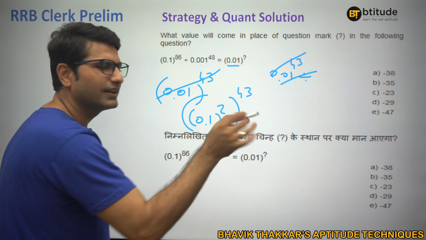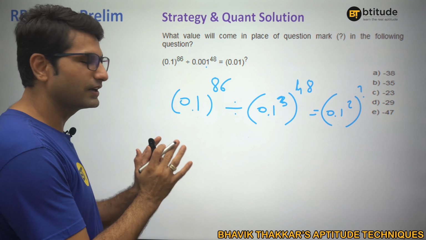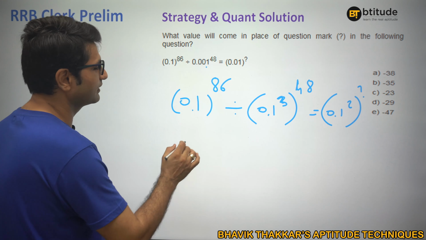I'll just do it in the next page. 0.1 raised to 86, divided by, because this is nothing but 0.1 square... no, actually it is cube, right? 3 cube raised to 48 is equal to 0.1 raised to something, right? So I converted everything into 0.1, which is the easiest thing.